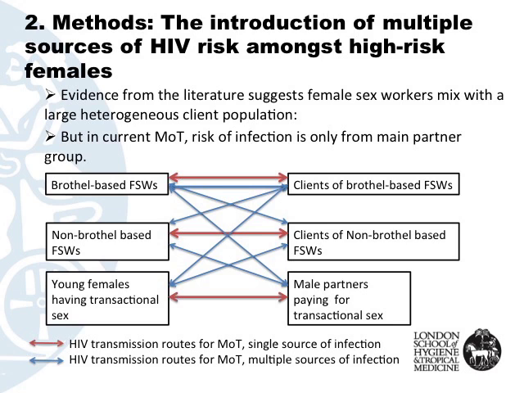So what we really wanted to do was incorporate into the model the opportunity to see whether, if brothel-based female sex workers actually partner with their main client group half of the time, and then other client groups 25% and 25% of the time. So they'll have 50% of their sex with their main clients and 25% with clients of non-brothel based and male partners down at the bottom.